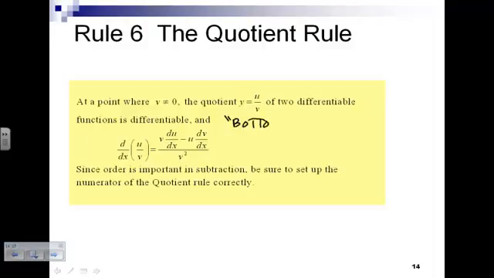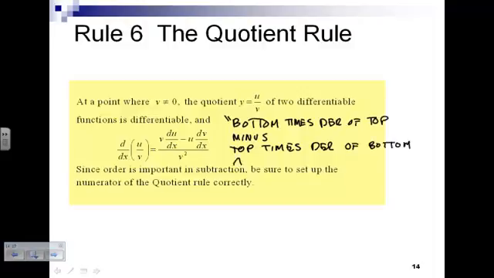Bottom times derivative of top minus top times derivative of bottom all over bottom squared.